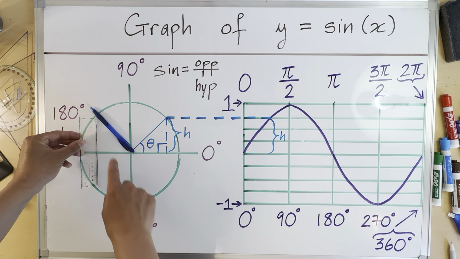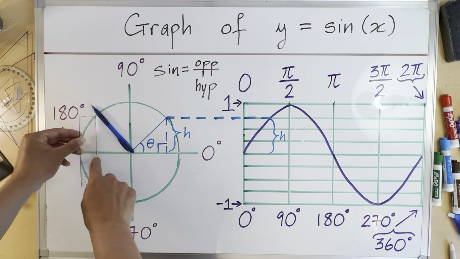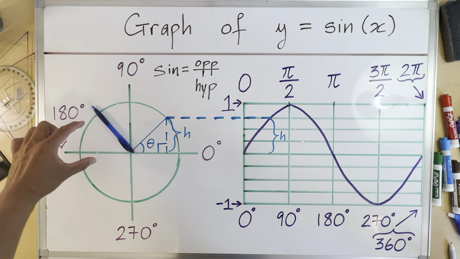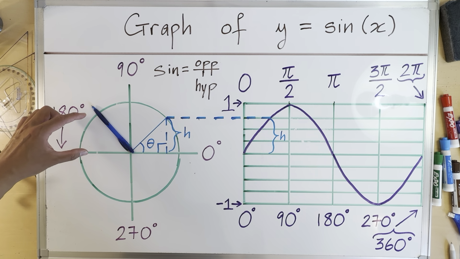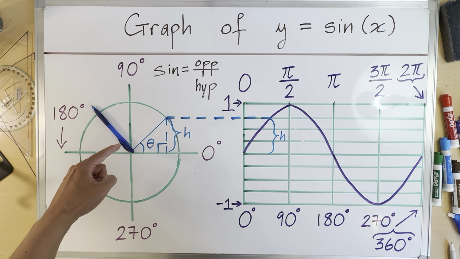So from this point to this point right here, that would be the side of the right-angled triangle that is opposite to angle theta, with angle theta being right here.